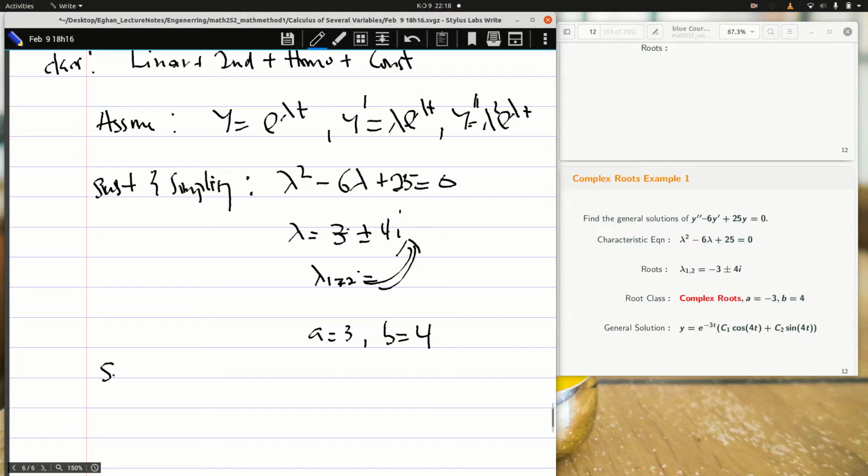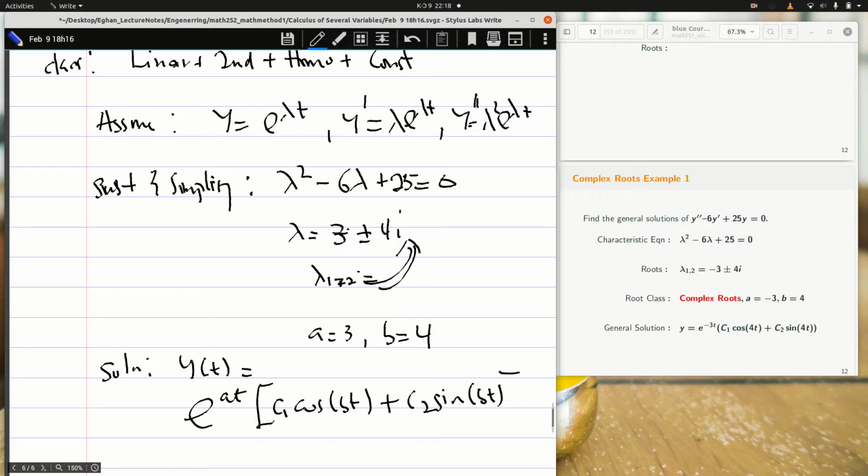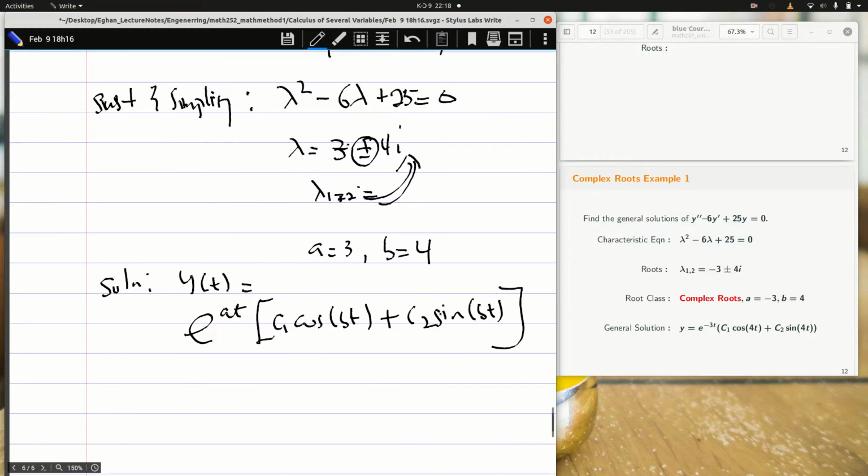And so in writing out my solution, y of t becomes, it is of the form e to the at times C1 cos bt plus C2 sin bt. Now I realize that I'm not depending on the sign here. It is just the value, the letter b, not the plus or minus, so that you don't get confused.